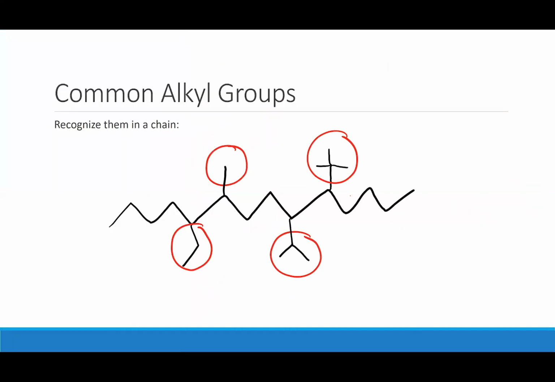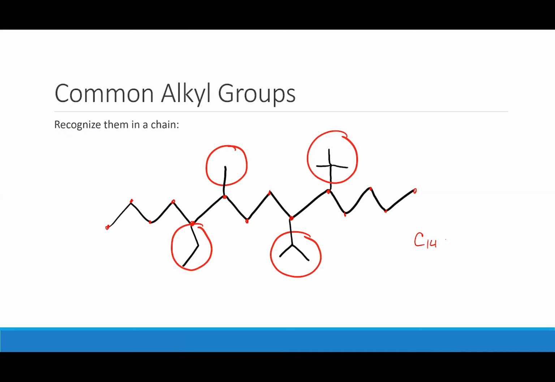Okay, so let's do a test based on what we just looked at. Here is an alkane chain, a long chain. And in fact, we could figure out how big this chain is. This is a 1, 2, 3, 4, 5, 6, 7, 8, 9, 10, 11, 12, 13, 14 carbon chain.